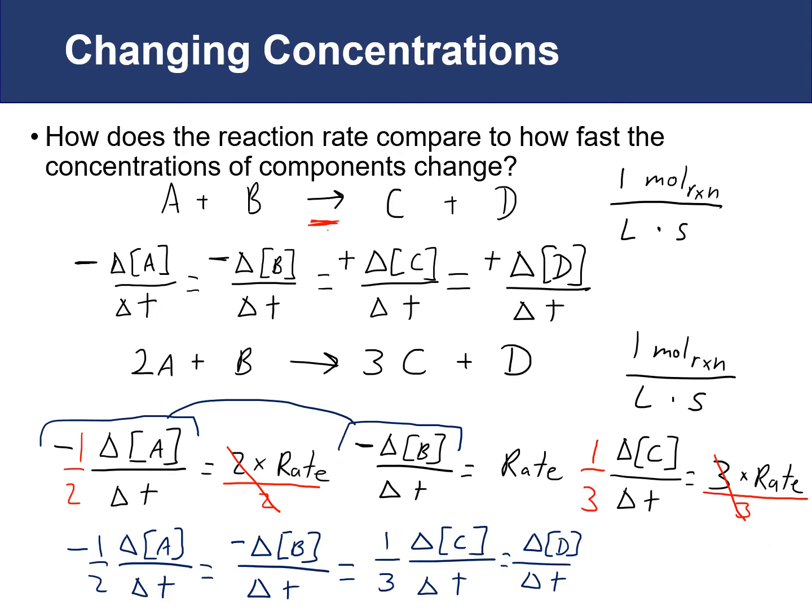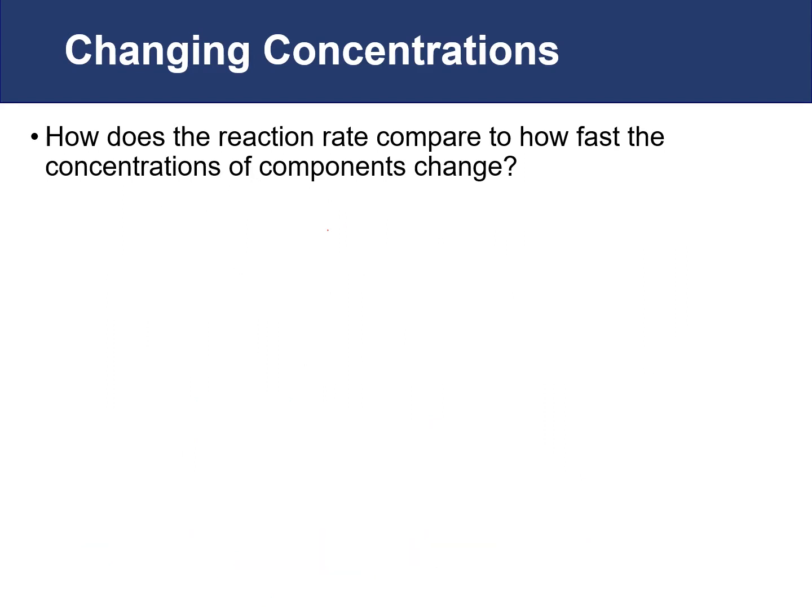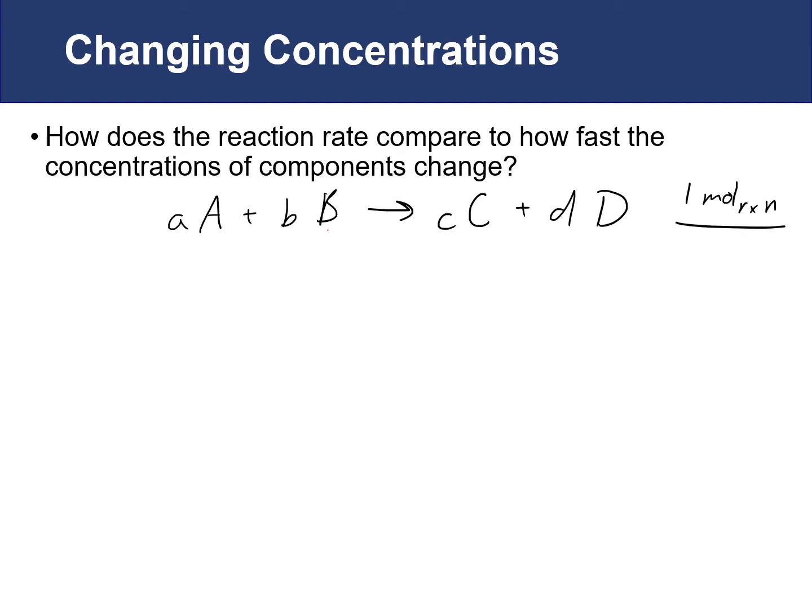We can make a more general form of this. I'm going to erase all these different components, and then I'll show you the more generic form. Let's say we have little a components of A plus little b components of B goes to little c components of C plus little d components of D, and let's say our rate is again 1 mole of reaction per liter per second.